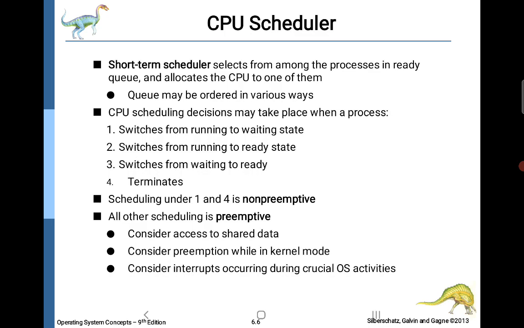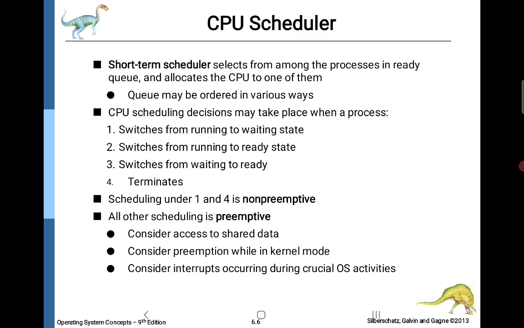Or if a running process was forced out of the CPU and back to the ready queue, there should be a decision taken on which process from the queue will be in the CPU. And one more, when a process terminates.